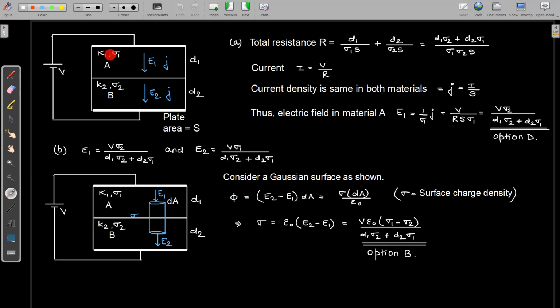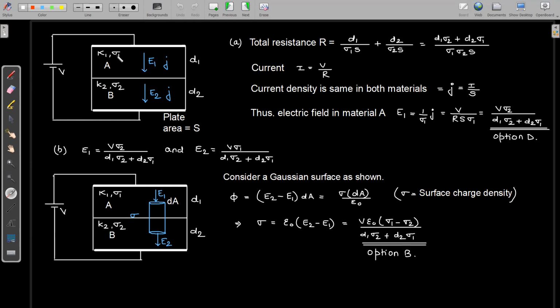So that area is equal to S. So if current is same through both the materials, then the current density will also be same through both the materials. And suppose the net electric field inside material A is E1 and in material B is E2.